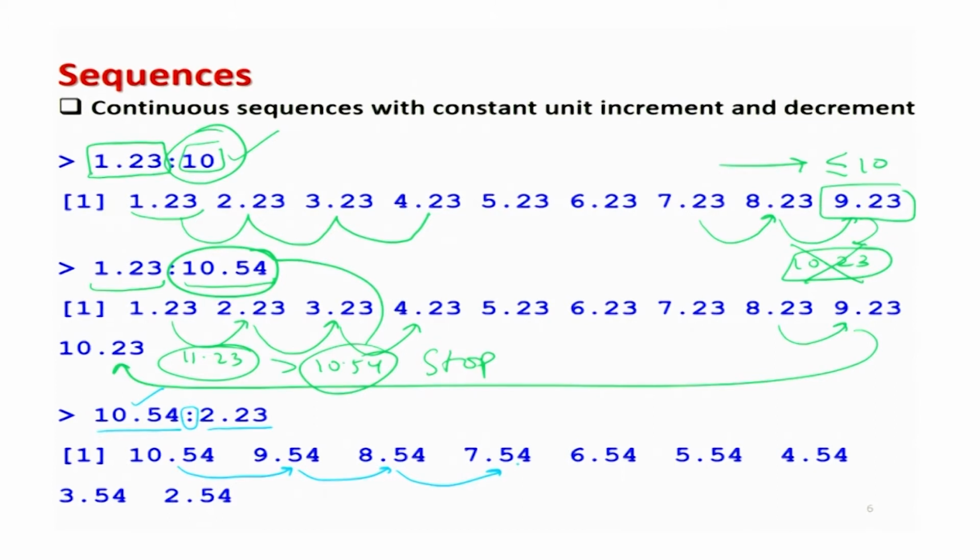It will continue to 3.54, 2.54, and after this the value is going to be 1.54. But you have to compare this 1.54 with 2.23. So 2.23 comes earlier and after that 1.54 comes, so it will stop after 2.54.